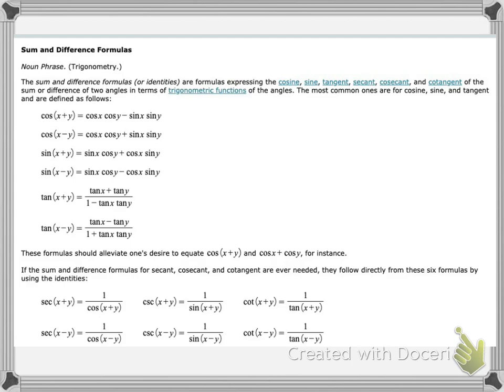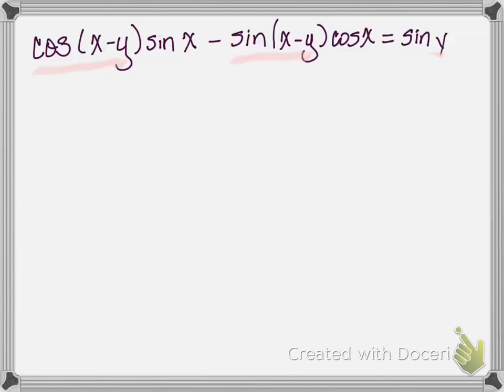So I have the cosine of x minus y is cosine x times cosine y plus sine of x and sine y. So I'm going to put that in for my cosine of x minus y.